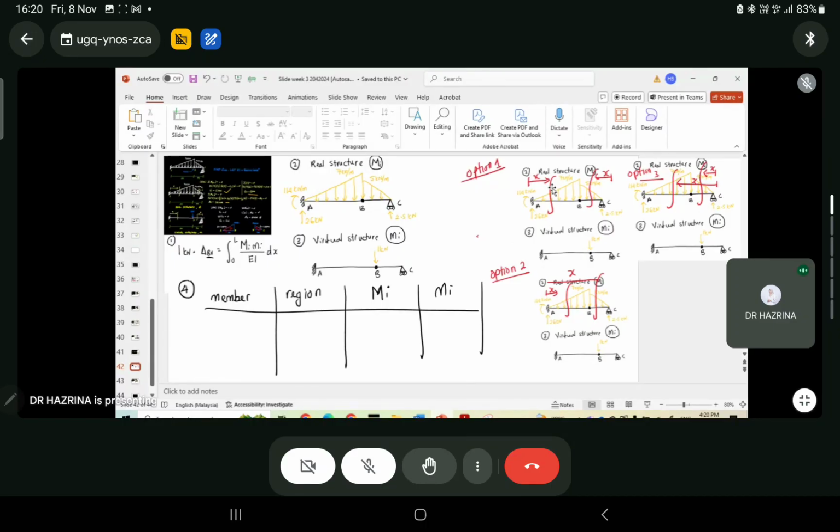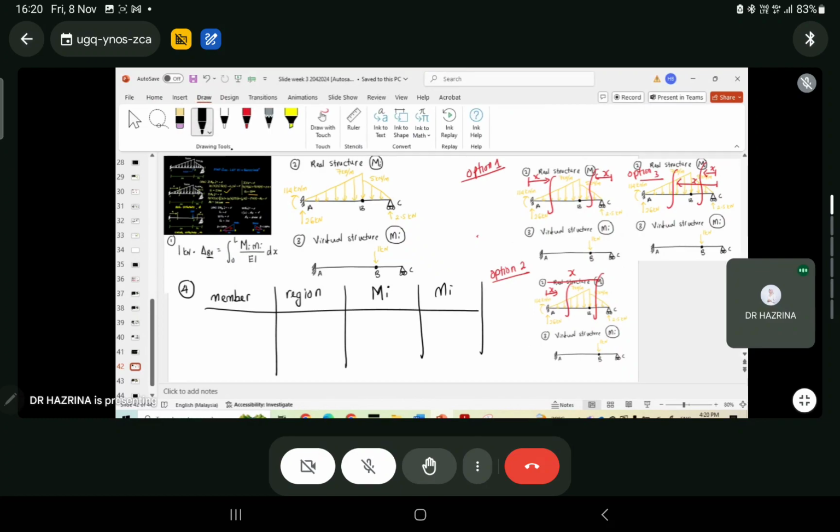Because in option 1, you akan ada hanya 2 region, which means of course option 3 punya ada 2 region, tetapi dari segi nak calculate dia punya moment, option 1 is actually the most convenient one. Okay, so you akan ada member AB, and then you akan ada member CB.